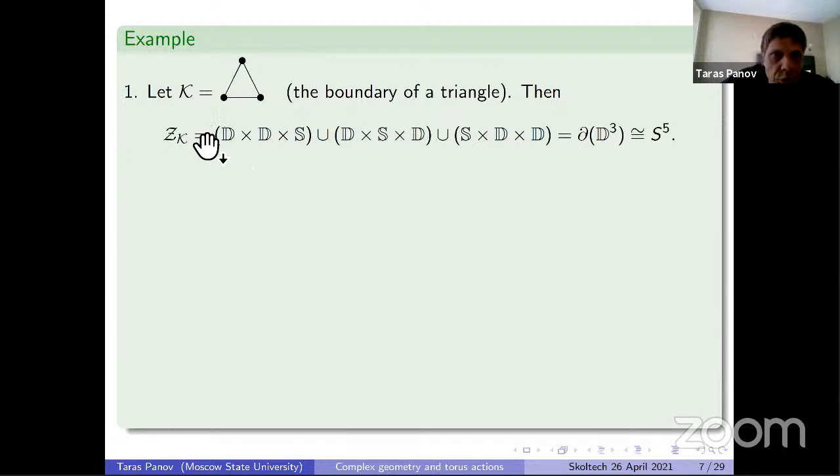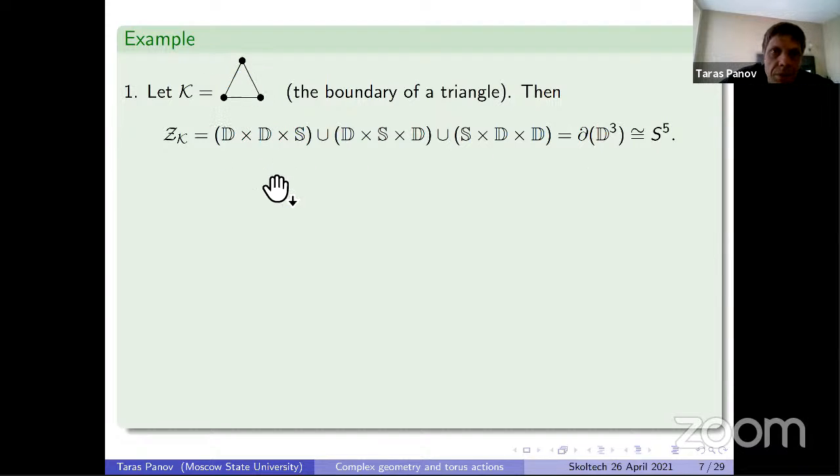And then what you do is take the union over all simplices. So let's say 1, 2: you have a disk on the first position, a disk on the second position, and a circle on the third position. And you take the 3 subproducts like this, corresponding to all the edges. The things corresponding to vertices are already there, so you don't have to write them.